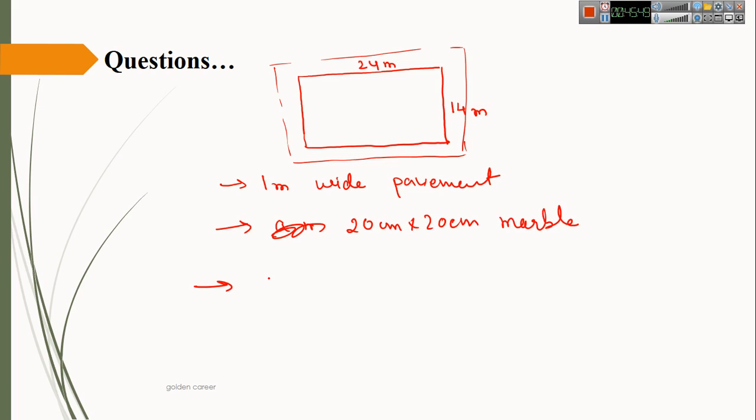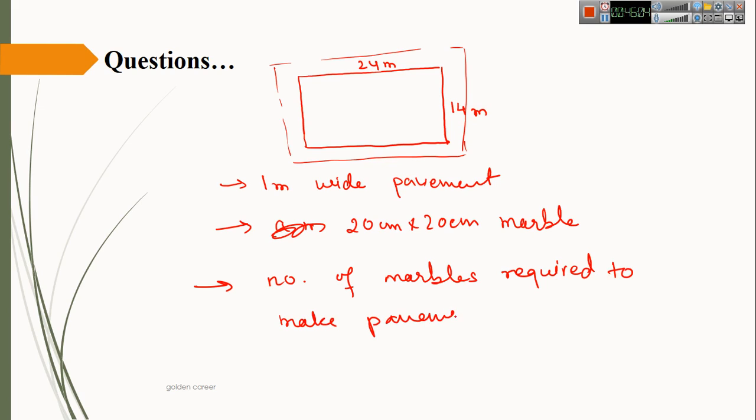We have a rectangular park of length 24 meter and breadth 14 meter. We have to make a 1 meter wide pavement around this park, like this.